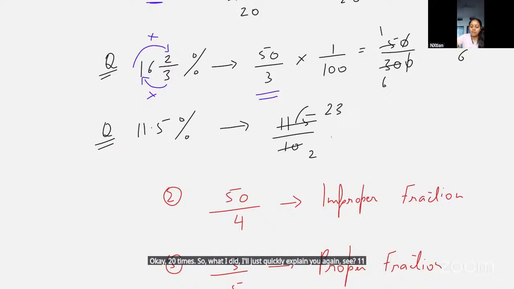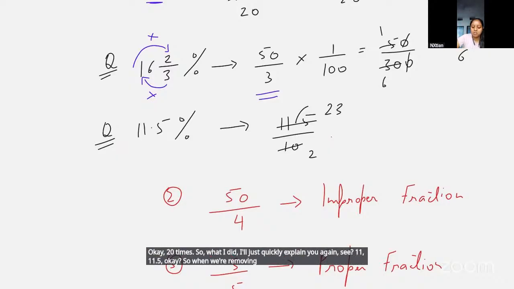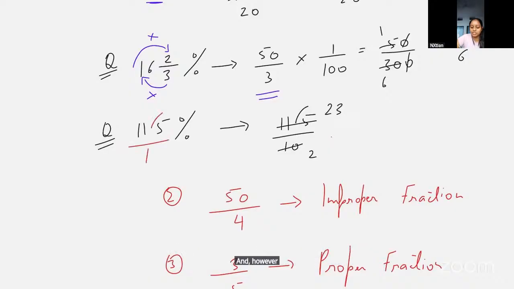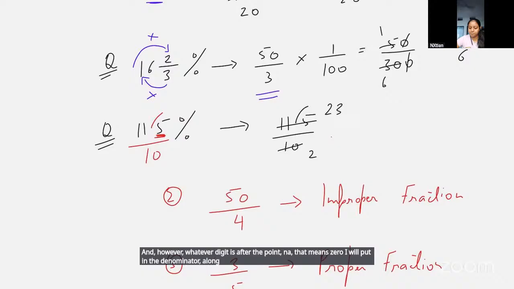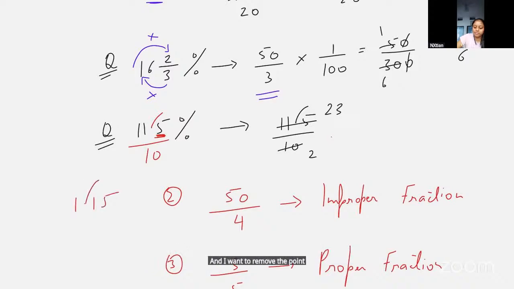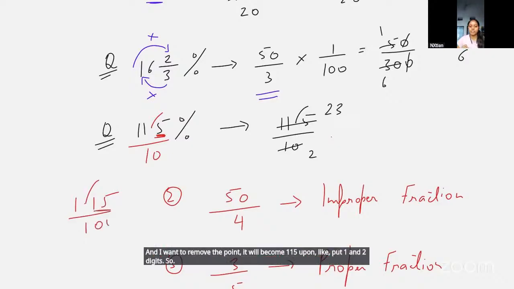11.5. When we remove this decimal point, we put 1 beneath it, and however many digits are after the point, that many zeros I put in the denominator along with the 1. If it was 1.15 and I want to remove the point, it will become 115 upon 1 and two zeros, 100.